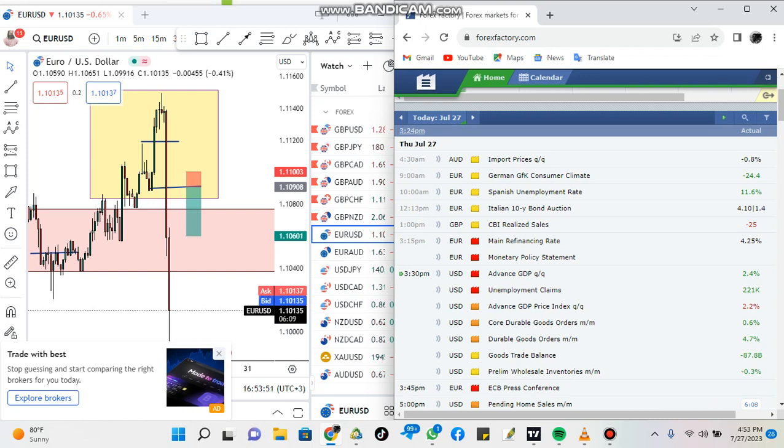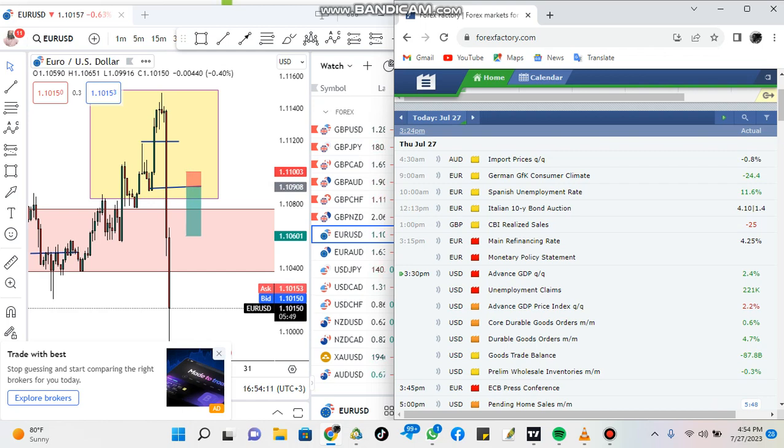2.4%, if it's showing you that green, then just know it's going to affect the currencies positively. If it is showing red, it will affect them negatively. So you go back to your currency pairs and see which currency pair is affected in the news and what is its arrangement in the currency pair you want to trade.